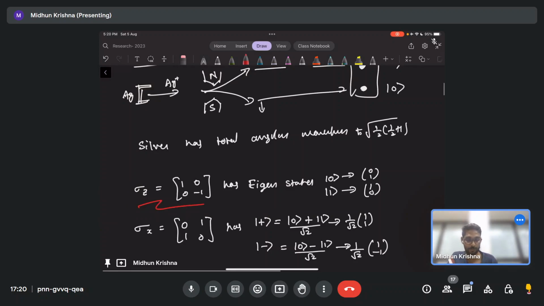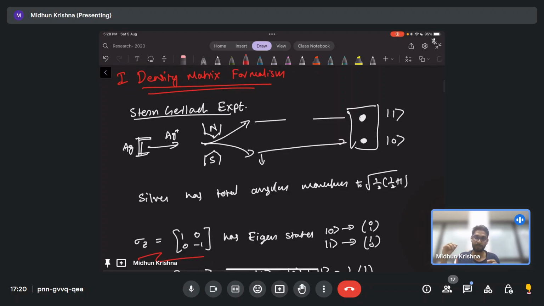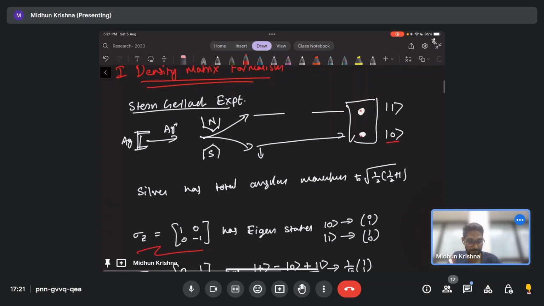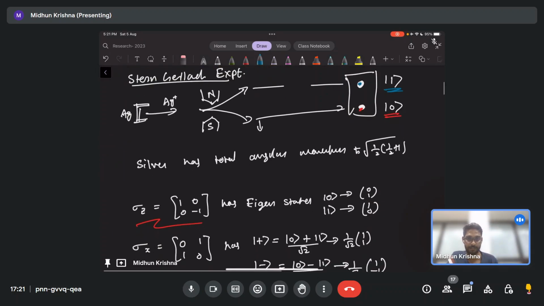When I'm passing this particle through this inhomogeneous magnetic field, what I'm doing is measuring what the spin of the particle is. And depending on whether it's up or down, I get these spots here, right? So the state that I get after this measurement: if a particle comes here, my state is zero. If a particle comes here, my state is one. That's how I'm representing it, and I can construct this matrix Z, which will describe the spin of the particle.